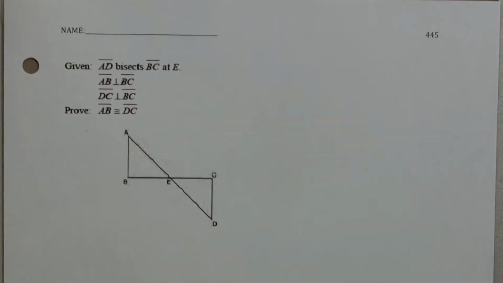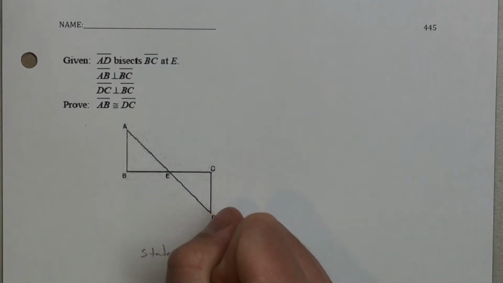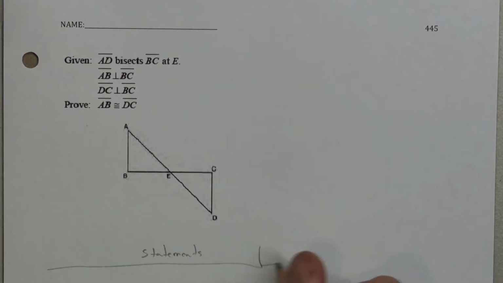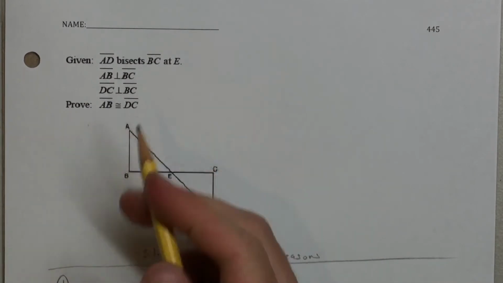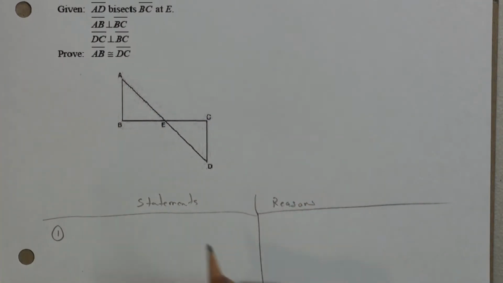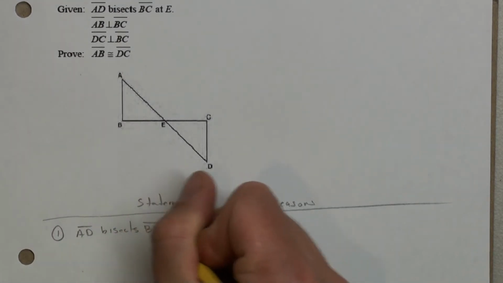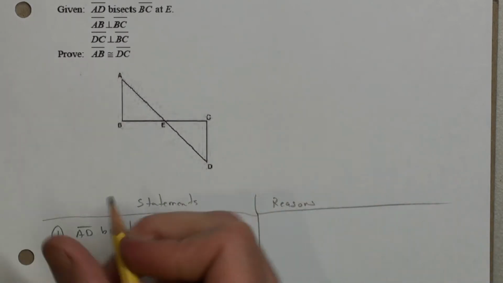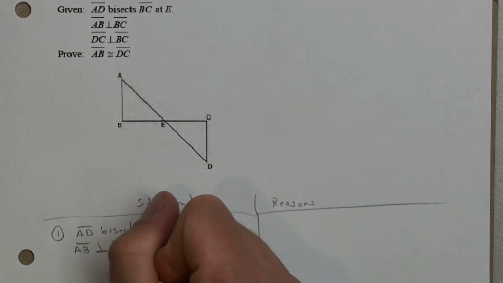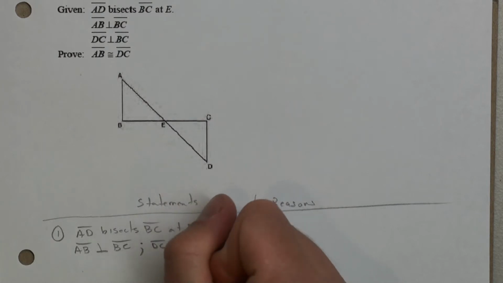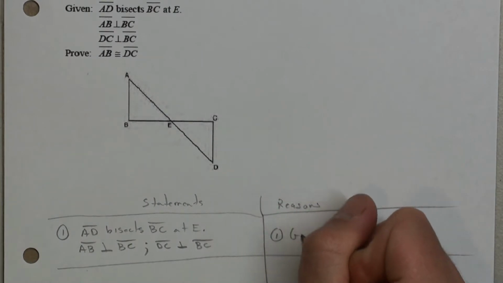Now let's look at 445. Again, we have statements and reasons. The first one is always the given. AD bisects BC at E. AB is perpendicular to BC. DC is perpendicular to BC. And that's given.